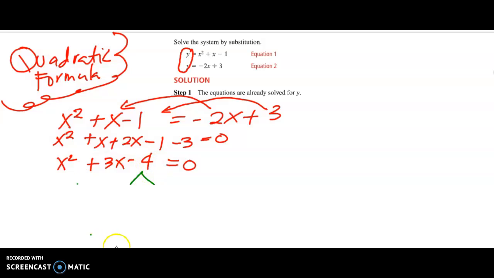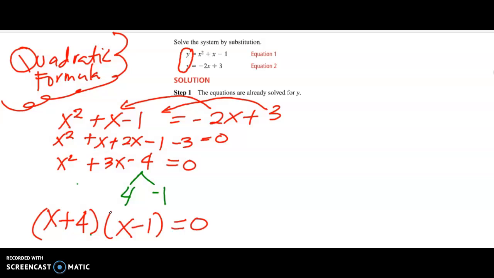So we can have here, let's say, 4 and -1, right? When you multiply 4 and -1, you get -4, but when you get the difference, it's 3. So that means this is actually factorable into (x + 4)(x - 1) = 0.